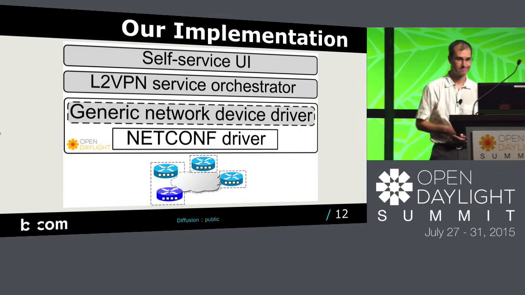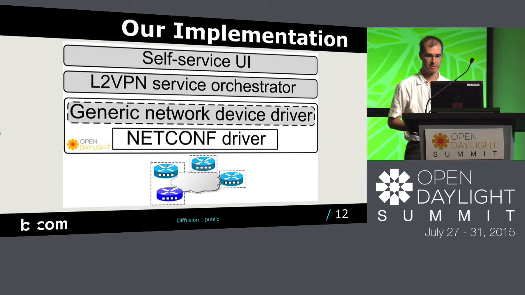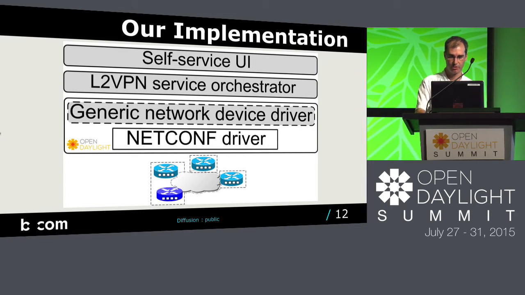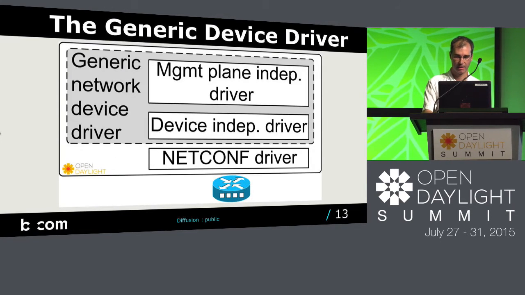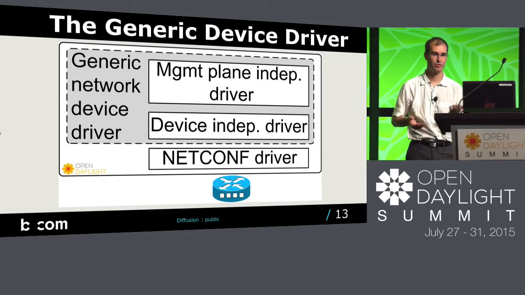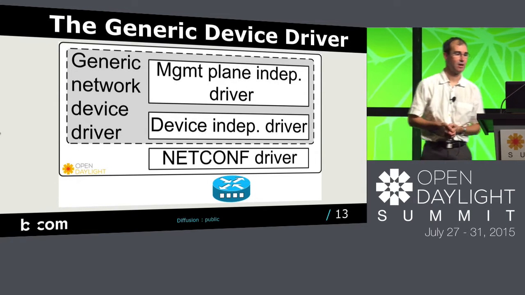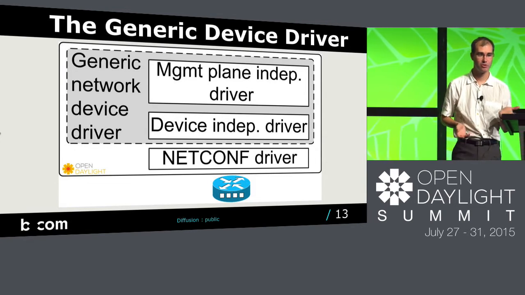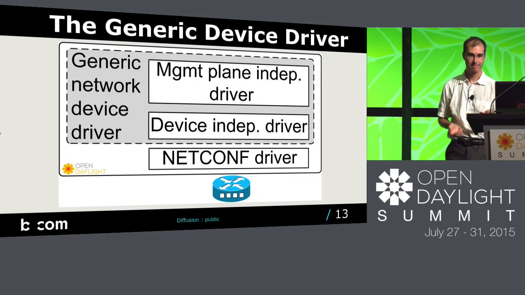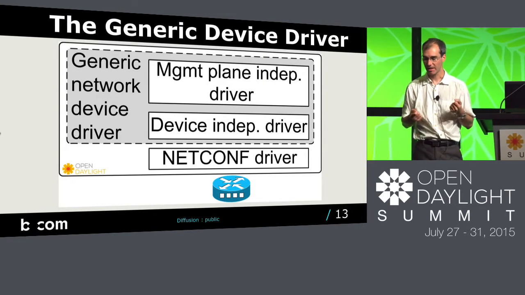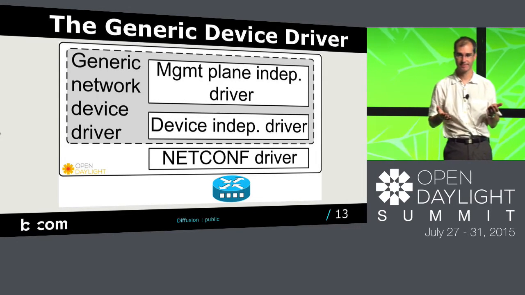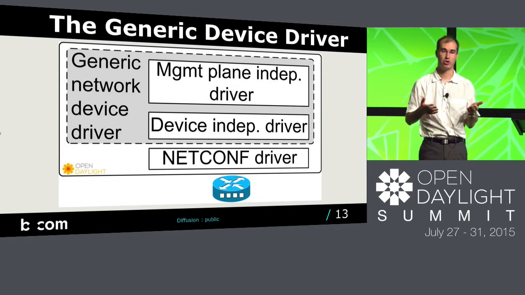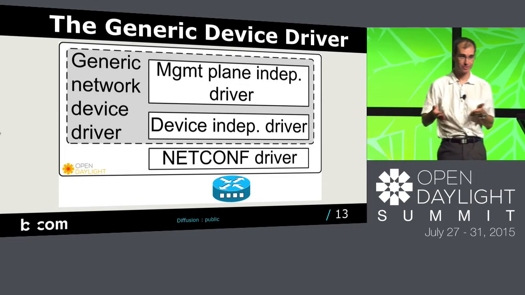And in the following slides, I will present the generic network device driver to begin. That driver is a set of modules in OpenDaylight, and it exposes a model of a generic network device, which is in our case a generic router with ports.